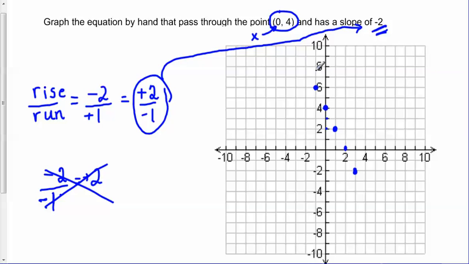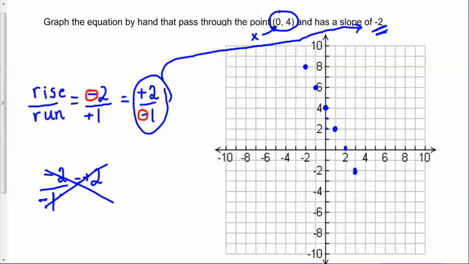I could do that again, rise +2, run -1, and that still puts me on the same line. So it doesn't matter if your negative is in the numerator or if it's in the denominator, as long as it's in only one place. You can't have it in both places like we saw here because that would change it into a positive slope.